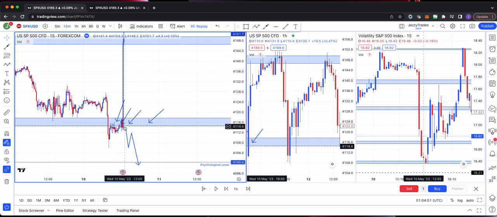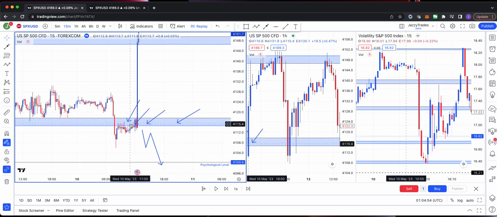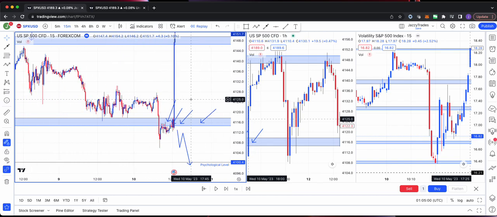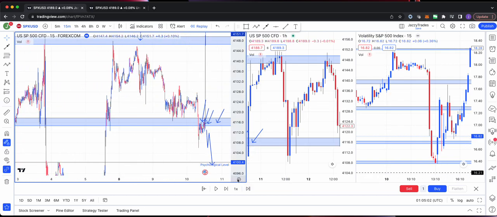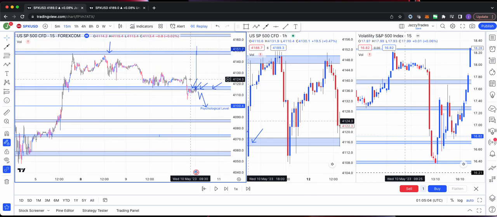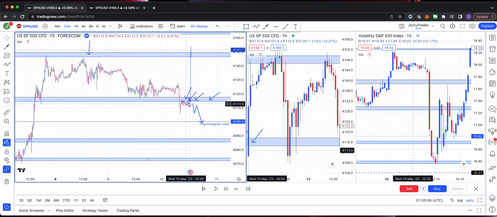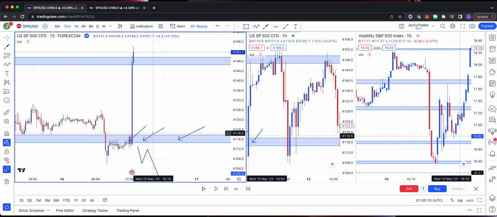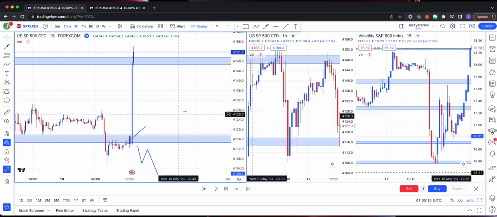The point is, I would have entered puts here if the VIX actually helped me out here, right? Because why? Look, price was going sideways, right? It breaks below the level, and I'm looking to enter puts here if VIX helps me, right?